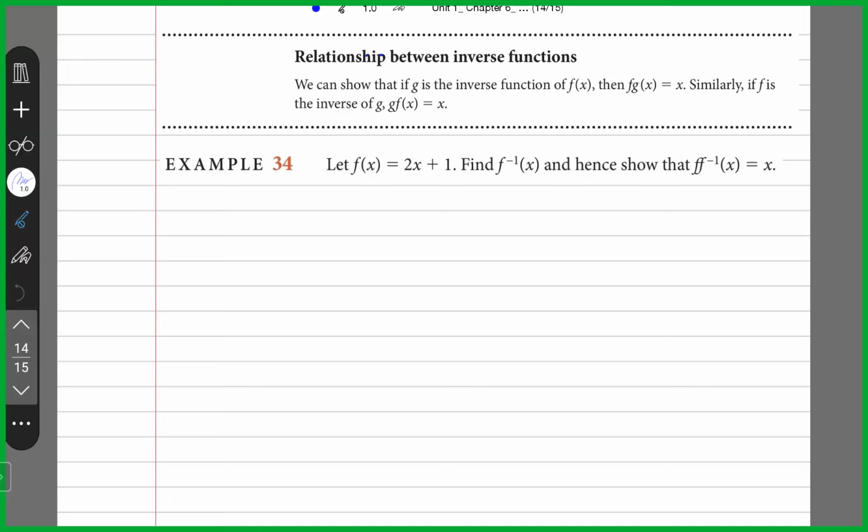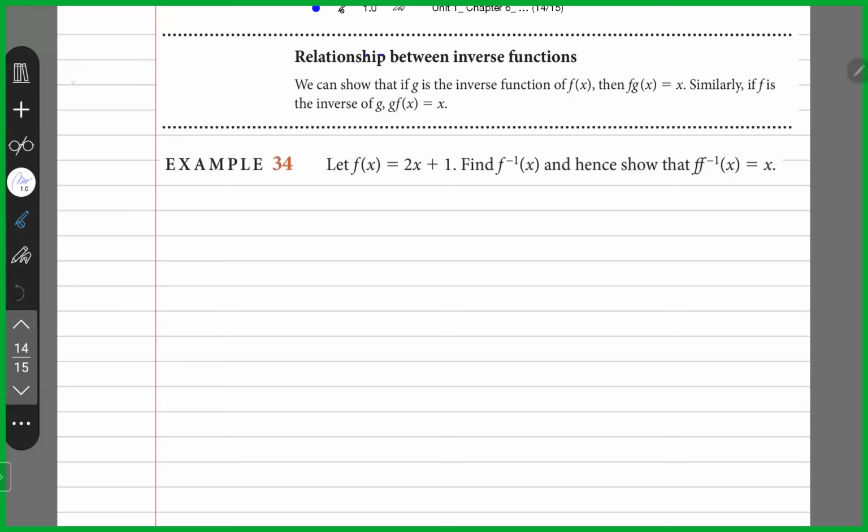All right, so the relationship between inverse functions. It says we can show that if g is the inverse function of f, then f of g of x is equal to x. Similarly, if f is the inverse of g, then g of f of x is equal to x.